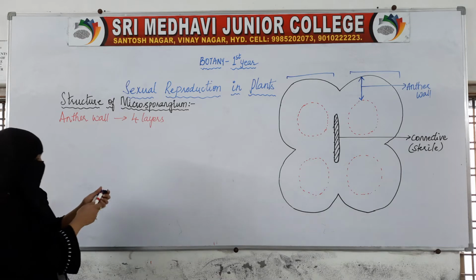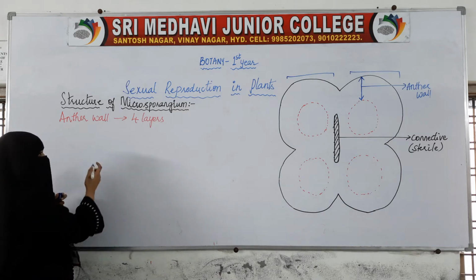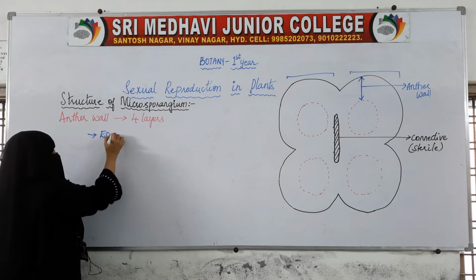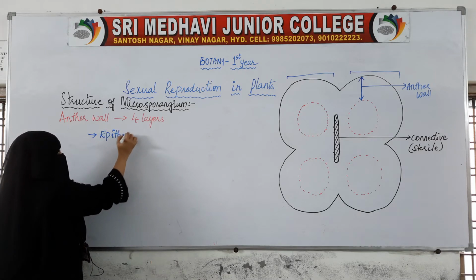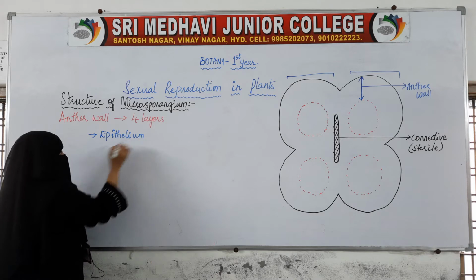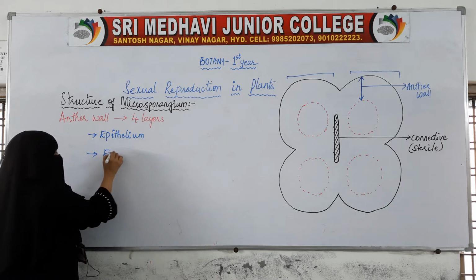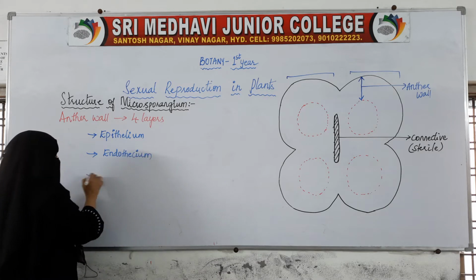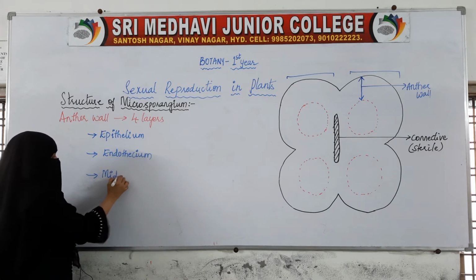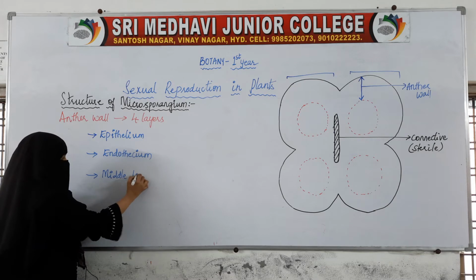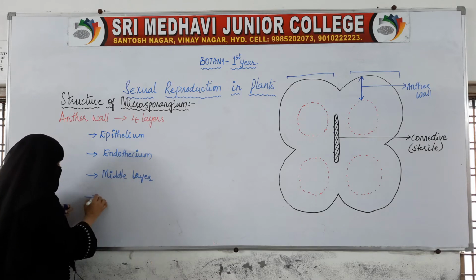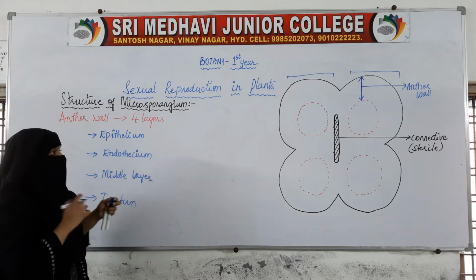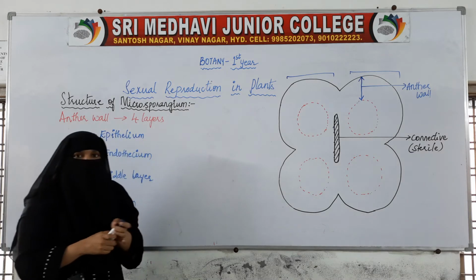The first one is epithelium. Second is endothecium. Third is the middle layer, and the fourth is tapetum. Each anther wall consists of four layers.